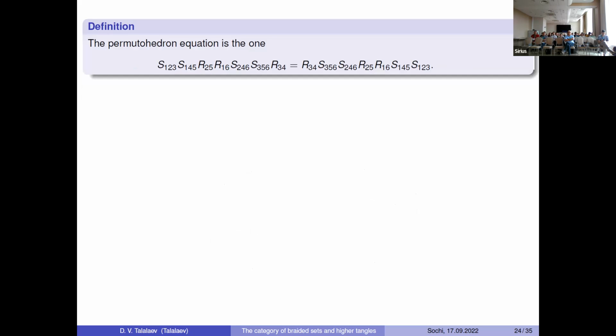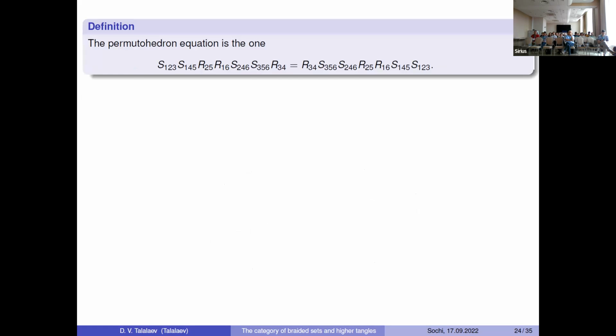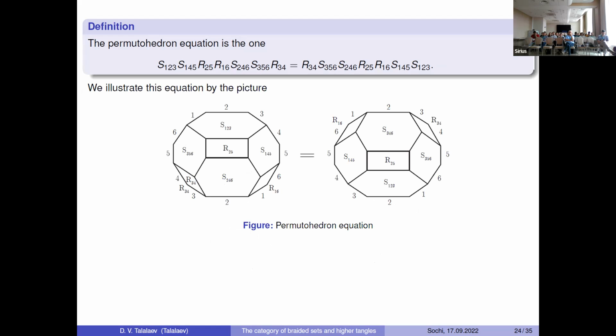There is another version of such an equation, which is called the permutohedron equation. So just to compare, the element S plays the role of phi, but here there is an additional element R. And this equation is illustrated by this picture. On both sides, we see the permutohedron of dimension 4. So it's a polyhedron with vertices at points which are obtained by the action of the group S4 on coordinates.